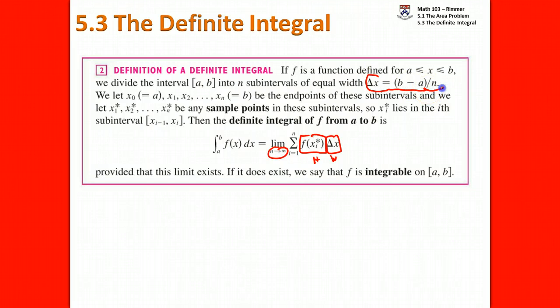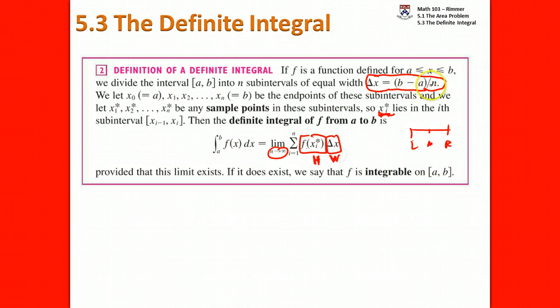B minus a over n, that's the width. F of xi star is just some generic way of saying I have to evaluate the function somewhere. Xi star is the point on the interval where I decide to evaluate it: left endpoint, right endpoint, midpoint, wherever. That's generically called xi star. So that's how I'm going to get my height, F of xi star.